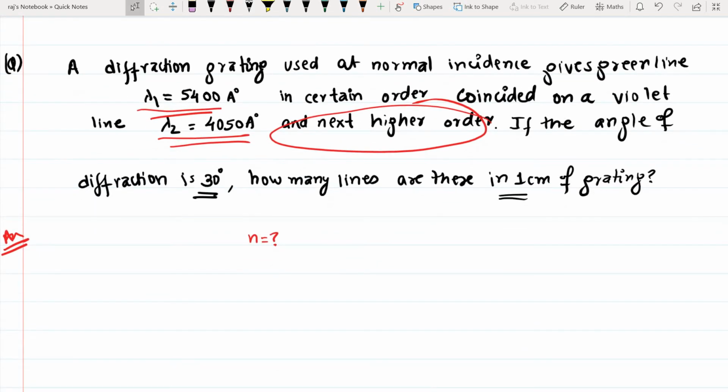After we get the value of n, we can easily find the number of lines present in 1 centimeter of grating.